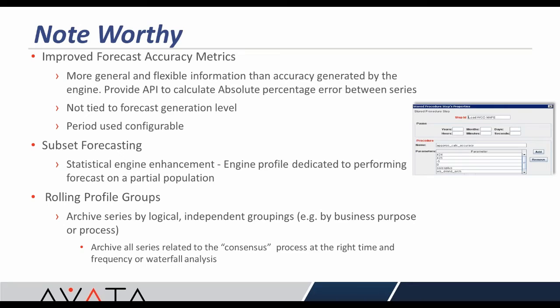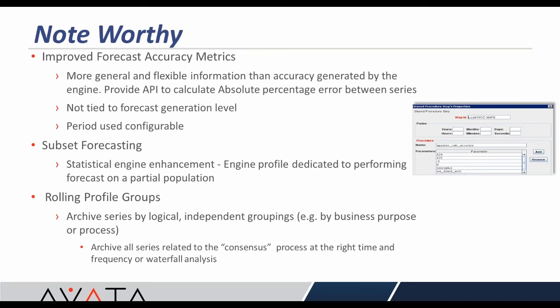Rolling profile groups. This is a nice one because for those of you who aren't doing this, it certainly is a best practice recommendation. You should be archiving key aspects of your Demantra solution and creating that plan of record. What this enhancement does is allow you to logically group series in Demantra and archive them specific to that grouping.